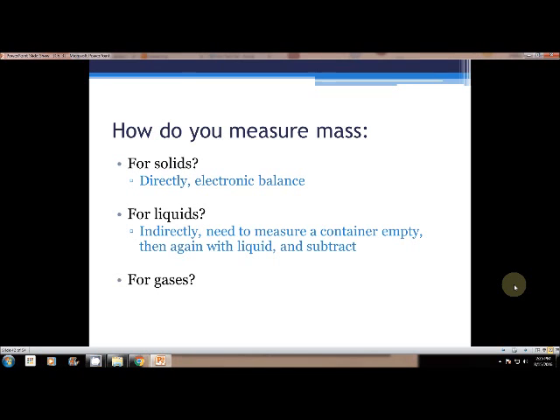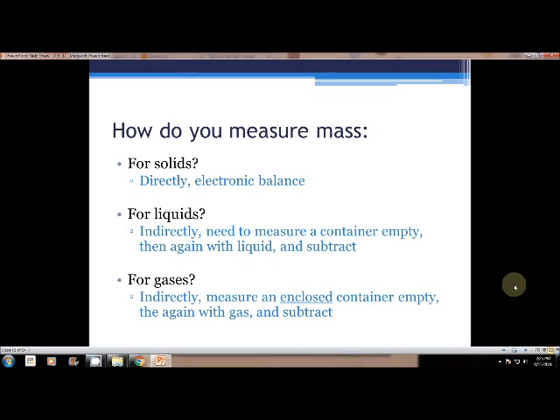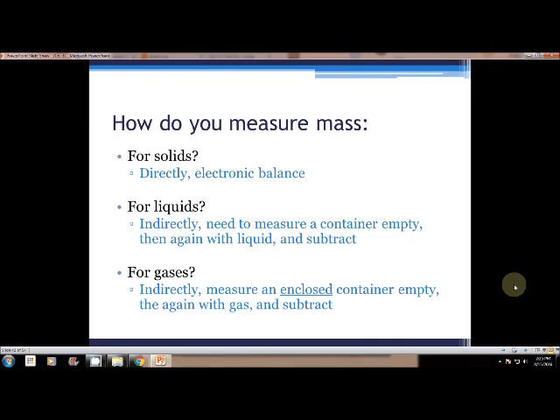For gas, it's the same way as our liquids, but it has to be an enclosed container. So it's indirectly, and it has to have a lid so that you can do that subtraction, and so that you know that no gas is escaping through the top. So that's how we measure mass. We're going to be using a balance. That's what we do in chemistry.